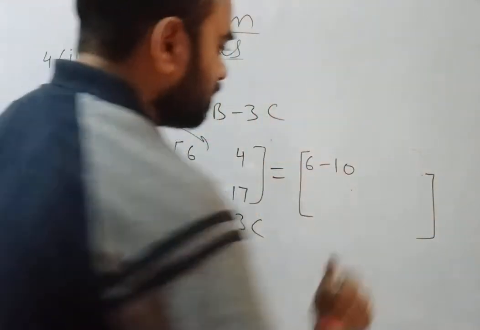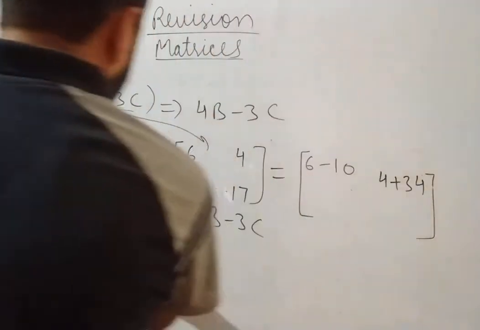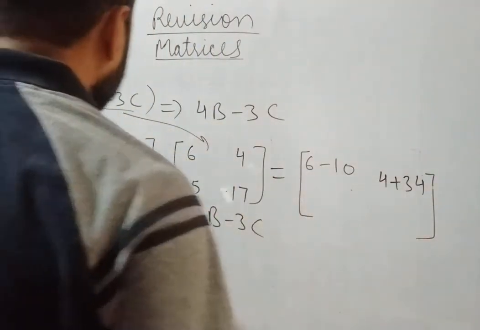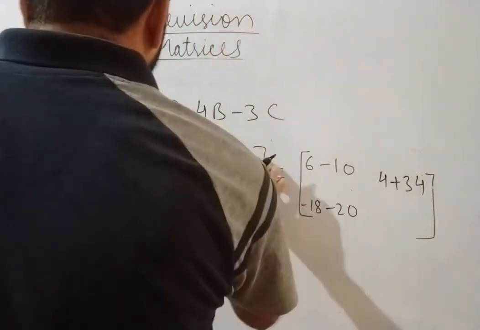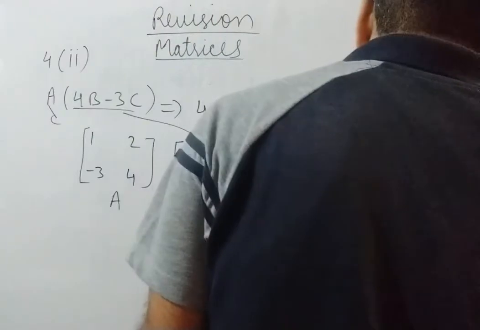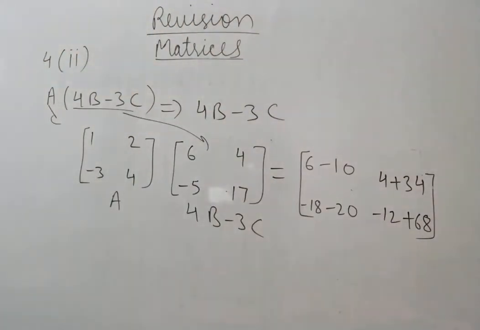Next is minus 18 minus 20. Next is minus 12 plus 68. This is the answer: 6 minus 10, 4 plus 34, minus 18 minus 20, minus 12 plus 68.